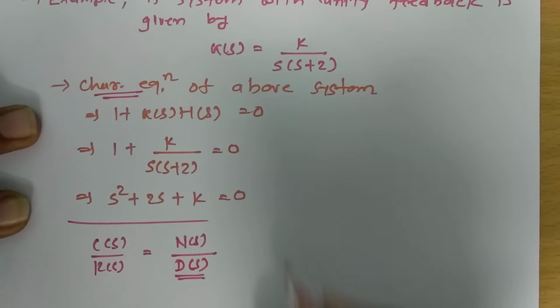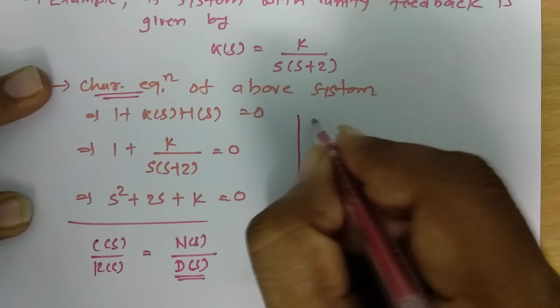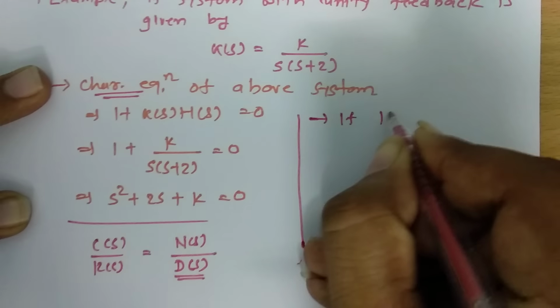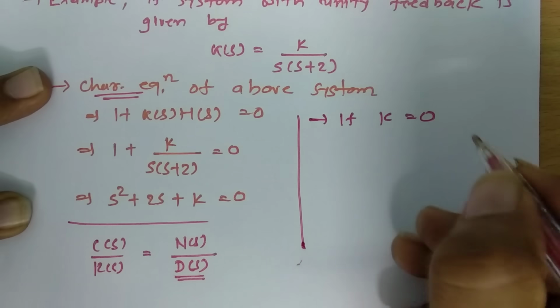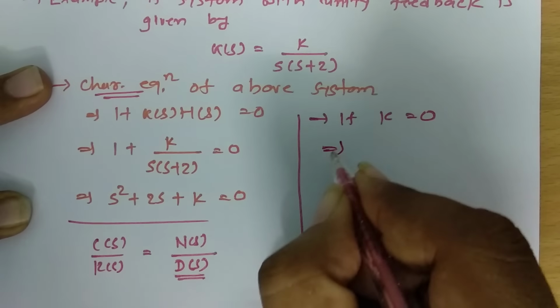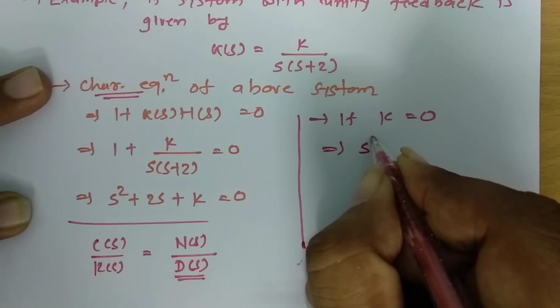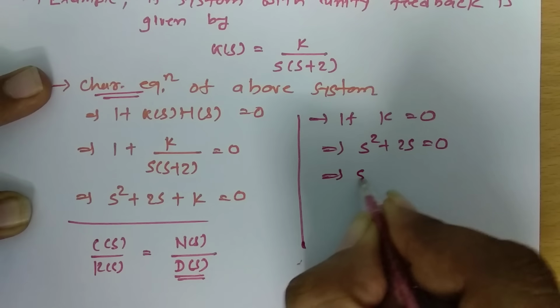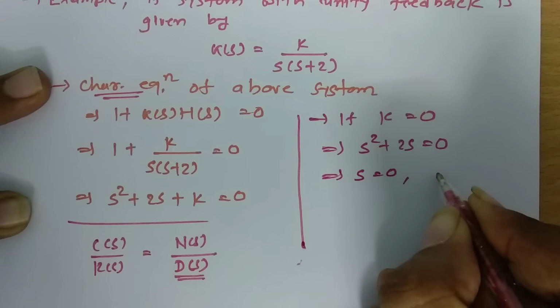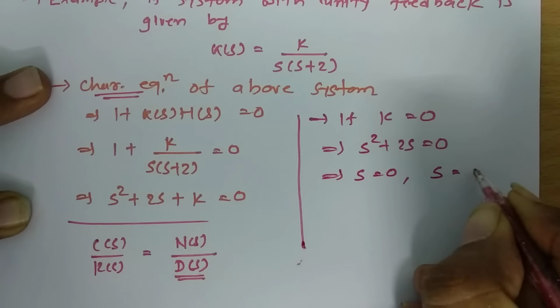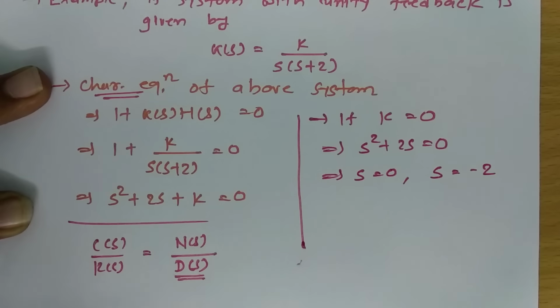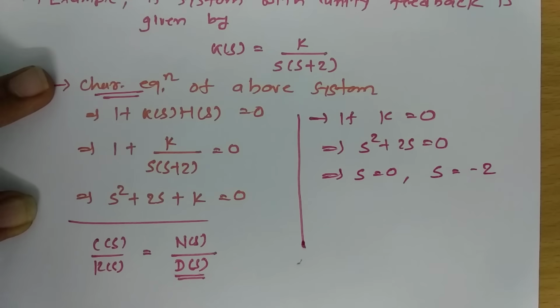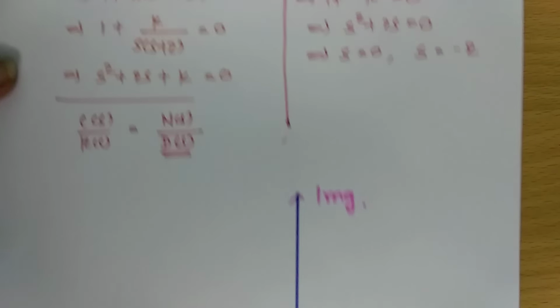For example, if I consider K = 0, the poles' position will be from s² + 2s = 0, meaning there will be two poles. One pole is at s = 0, and the other pole is at s = -2. Let us plot that first on the real and imaginary axis.